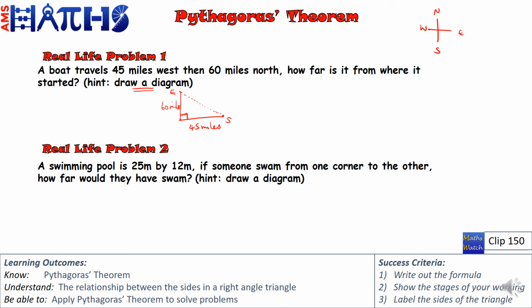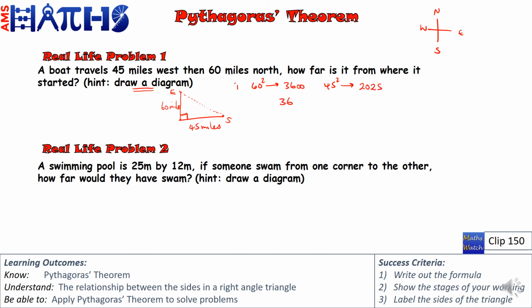So we're going to use the rule for calculating the longest side, which is to square the two short sides. 60 squared, 3,600, and 45 squared, which is 2025, and then we're going to add them.